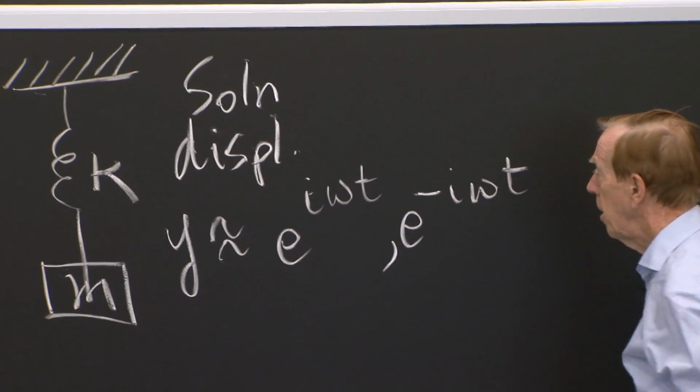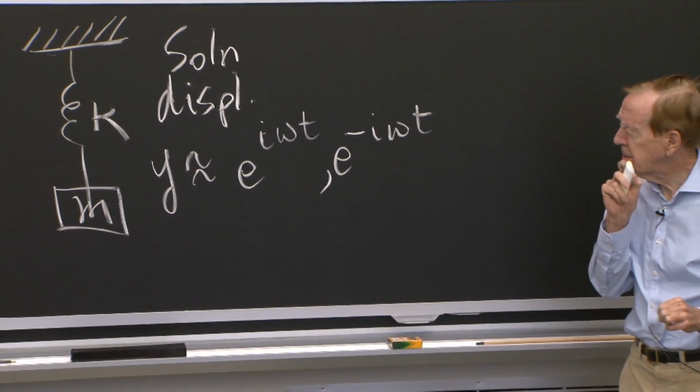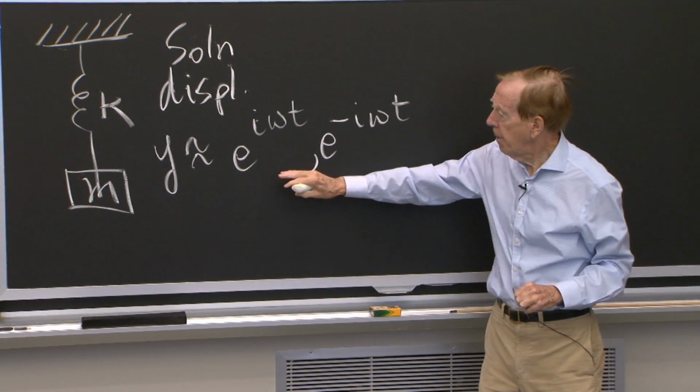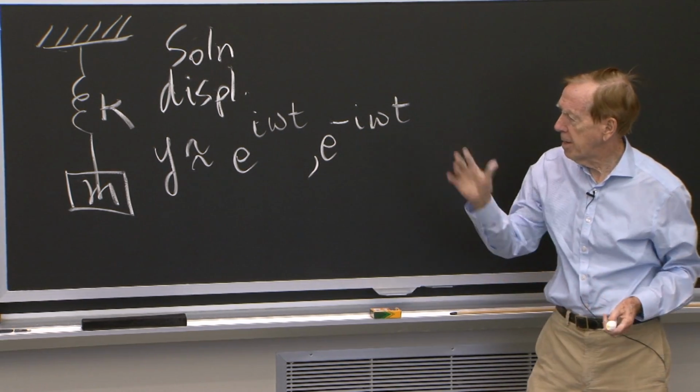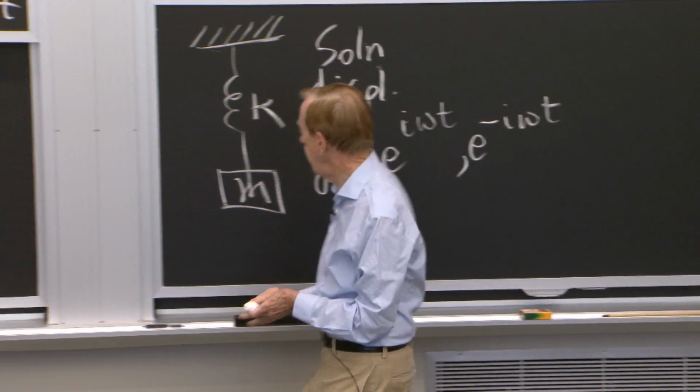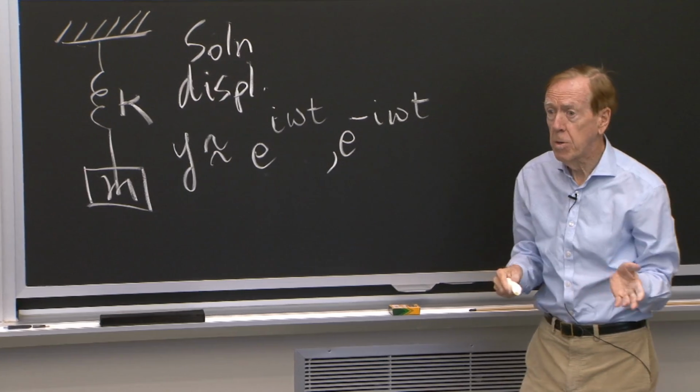And so let's see how to answer your question. The presence of this i is only telling me that essentially I've got sines and cosines.